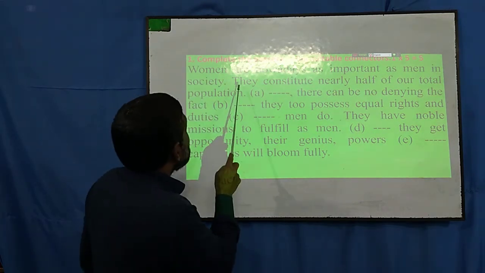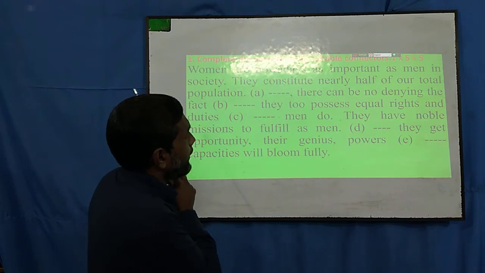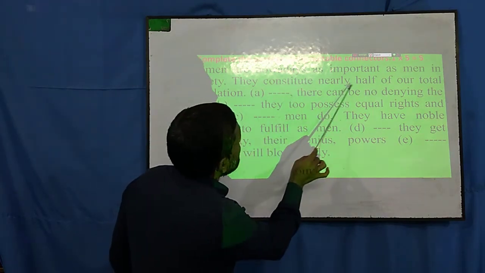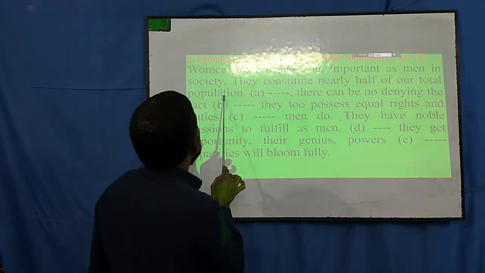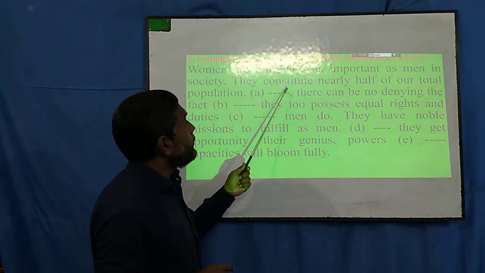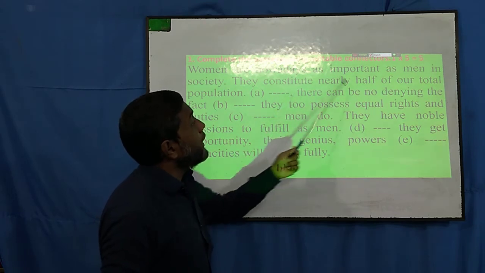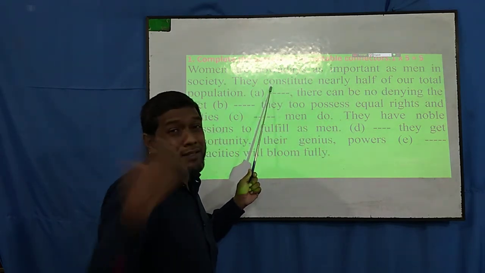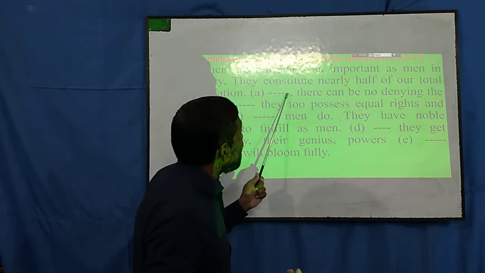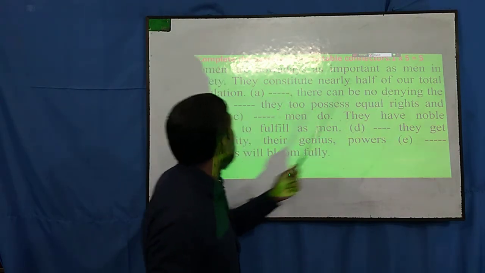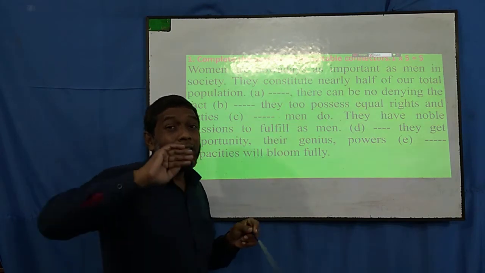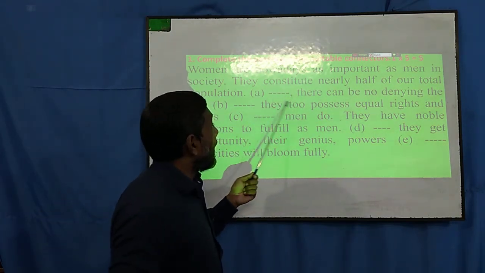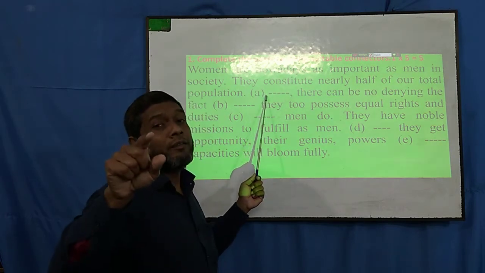So here, as a student, I am going to show you: "The women, they constitute nearly half of our total population." So as they are half of us, in the other sentence, "there can be no denying the fact." Then you may get the result here. We can write down the connector as "so".